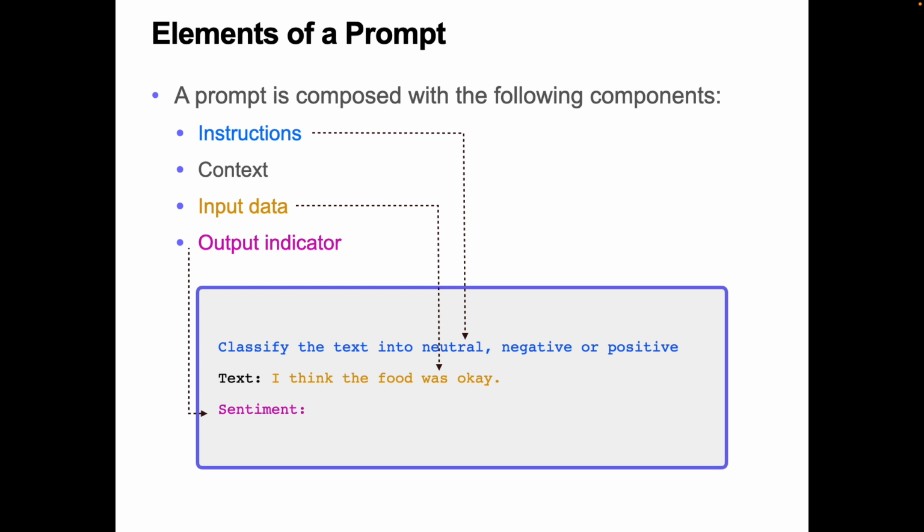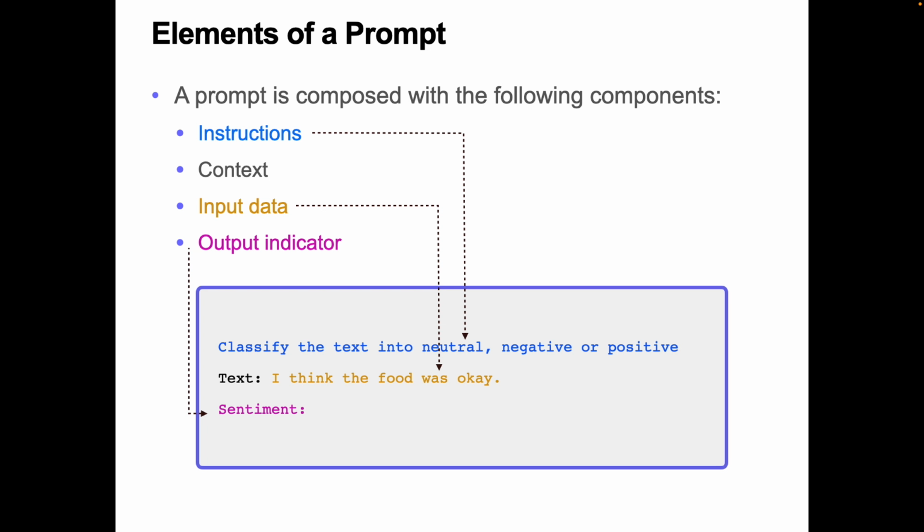More formally, we can touch on the elements of a prompt. A prompt can be composed of some of the following components: an instruction, context, input data, and an output indicator. In this example, we have a task that asks the model to classify a piece of text, using sentiment classification as the example task. The instruction is to classify the text into neutral, negative, or positive.